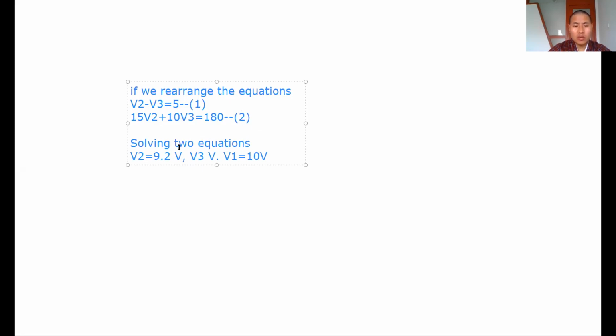Solving equations 1 and 2, we get V2 is equal to 9.2 volt and V3 is equal to 4.2 volt, and we already know V1 is equal to 10 volt. This is how we should solve the super node analysis. This is how we should apply the super node.